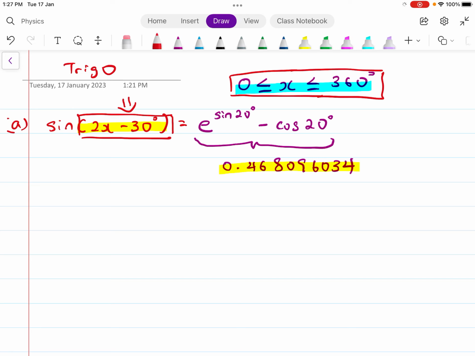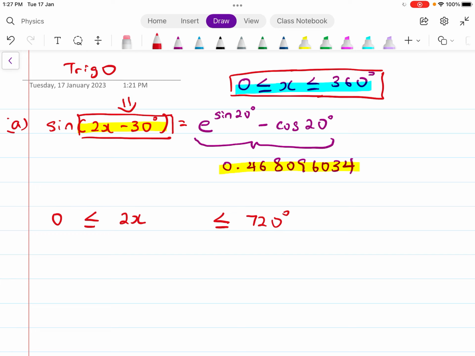Okay, so let's times 2 first. Since I know x is more than or equal to 0, less than or equal to 360, I make it 2x first. So 2x is more than or equal to 0, because 0 times 2 is 0, then 360 times 2 is 720 degree.